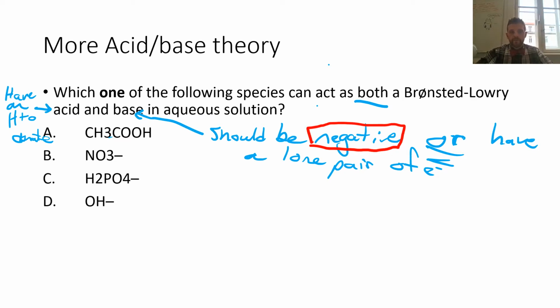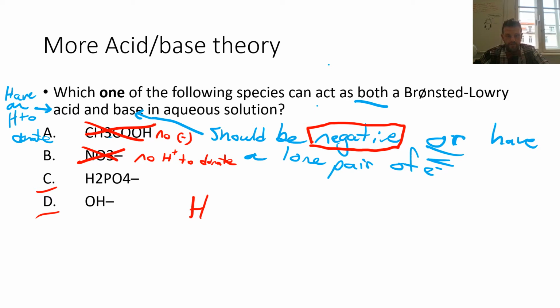So based off of these two things, we can get rid of this because there's no negative. There's not a negative charge at all. We can get rid of this because there's no hydrogen plus to donate. And then we're down to C and D. D is water that has been deprotonated.